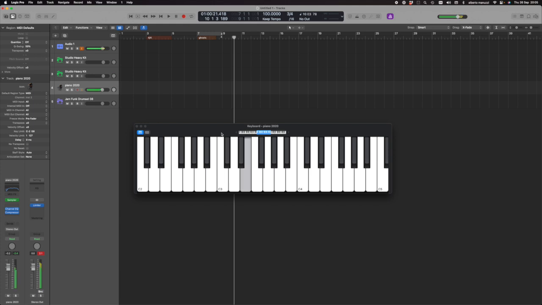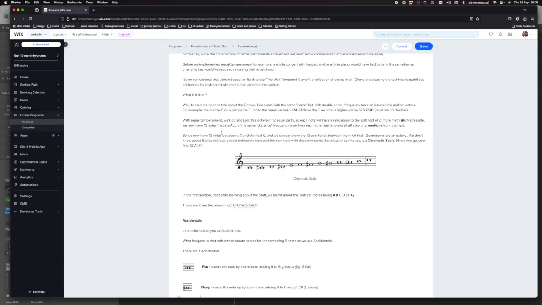Between E and F there is already a half step, and B and C, another half step. Any other couple has a note in between them, which is the previous note with a sharp alteration, or the next note with a flat accidental.